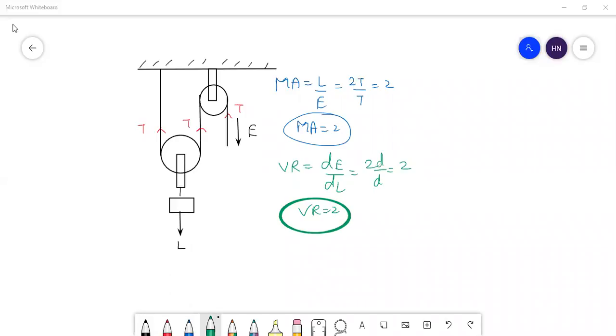Mechanical advantage and velocity ratio, both we got as 2, and finally the value of your efficiency will remain the same.